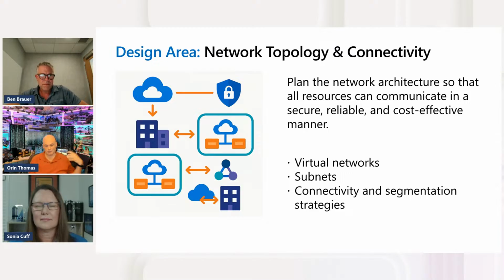So it might be planning virtual networks, subnet, connectivity, and segmentation strategies, because there's a particular segmentation strategy, which I think is called Onion. Onion was how we used to think about it, where you are controlling and being very restrictive about which elements on the network can communicate with others.